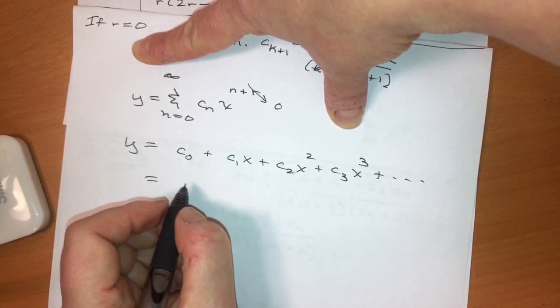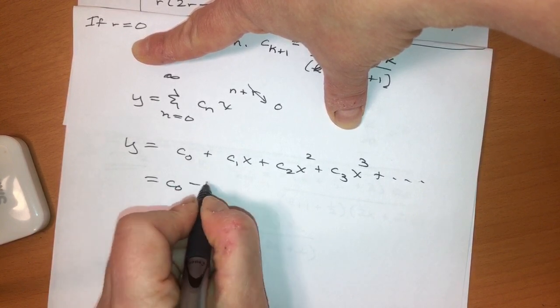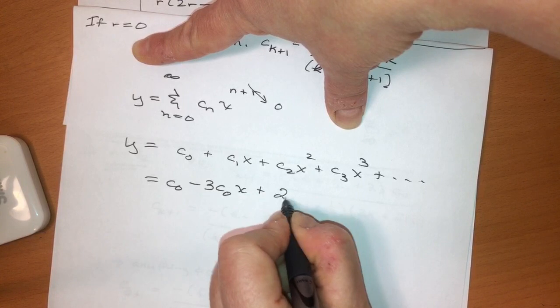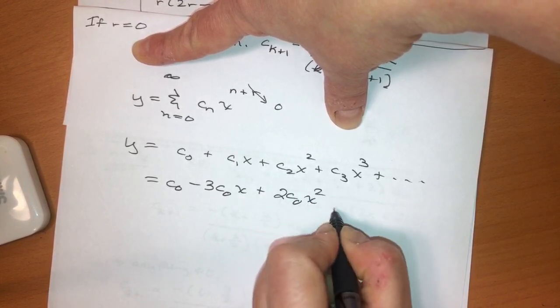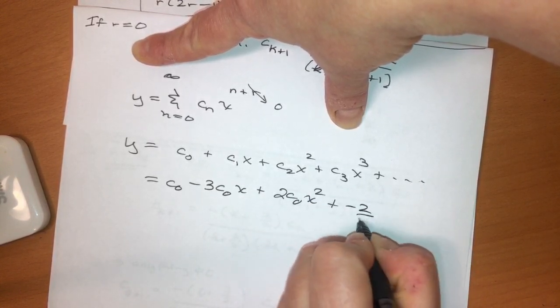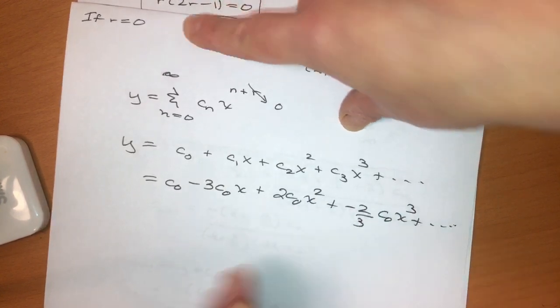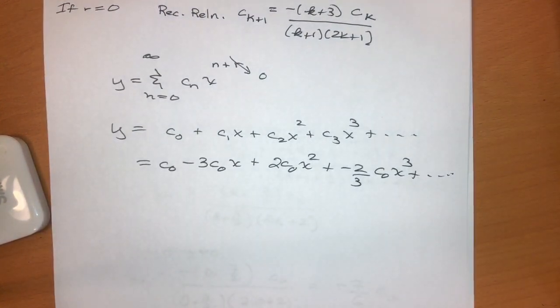And we'll just have C naught minus 3 C naught x plus 2 C naught x squared plus minus 2/3 C naught x cubed, and so on. And you have completed the problem.